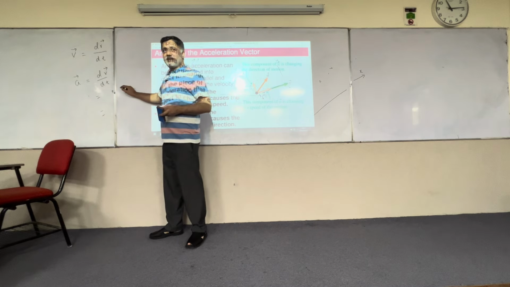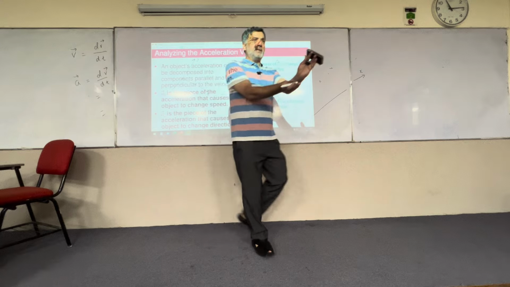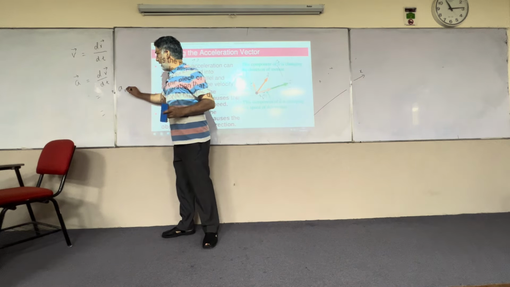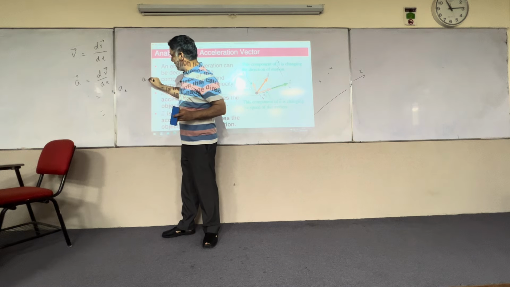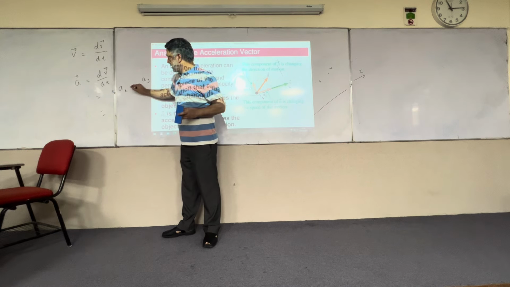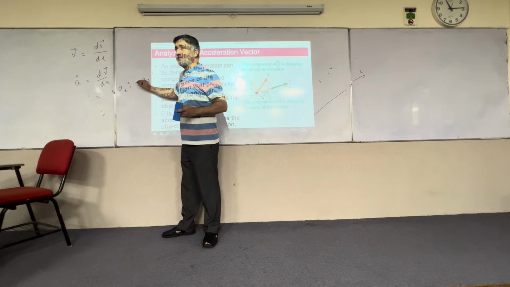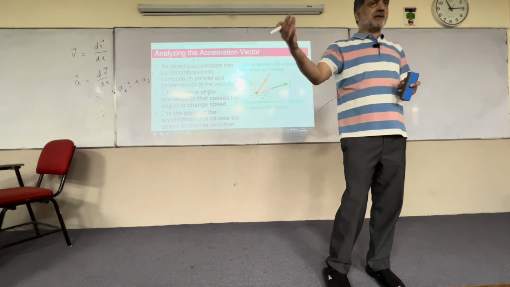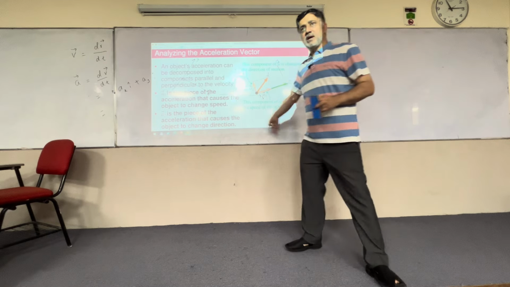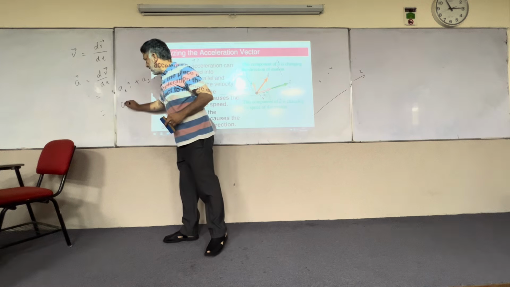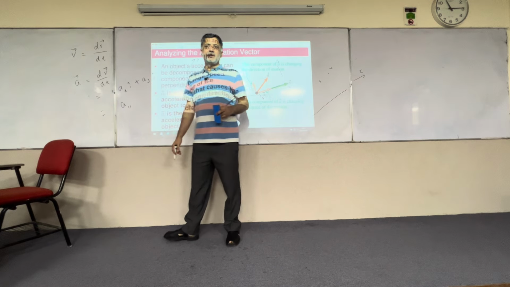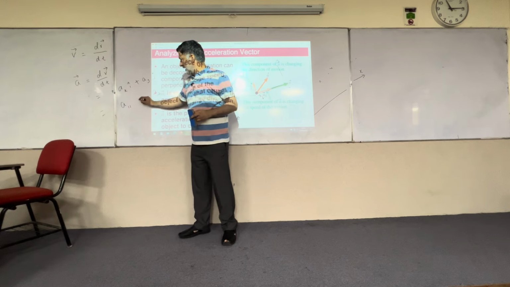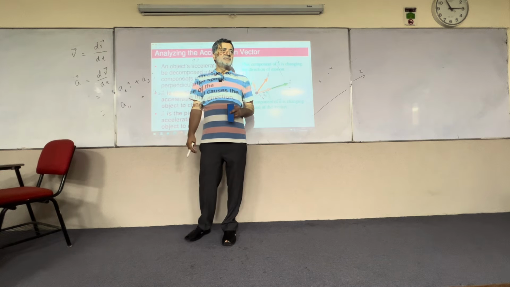I can either write it, if I use x and y in the traditional sense, as a_x i, a_y j. This is one way of specifying the acceleration vector by its components along x and y, the traditional way. Or I can say a parallel, a normal, and I will now have to come up with vectors.